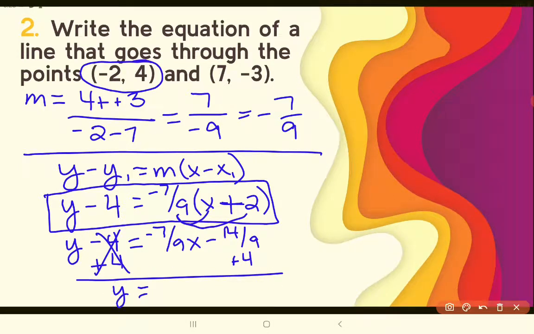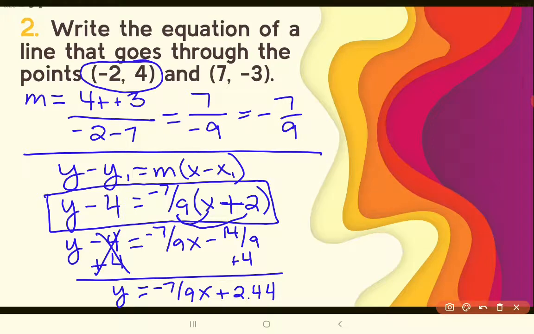So y equals negative 7/9 x. And this one I'm going to pull out my calculator for as well. And I find out, let's see, negative 14/9 plus 4. So I type in my calculator, negative 14 divided by 9 plus 4. And it tells me that that is approximately 2.44.